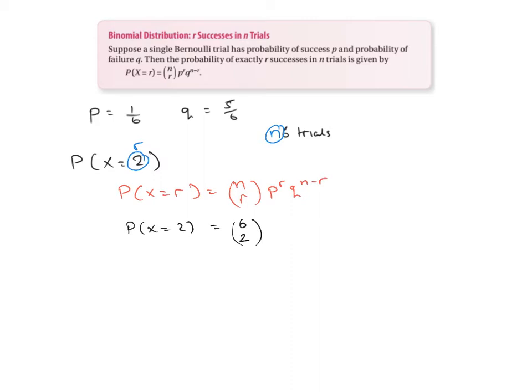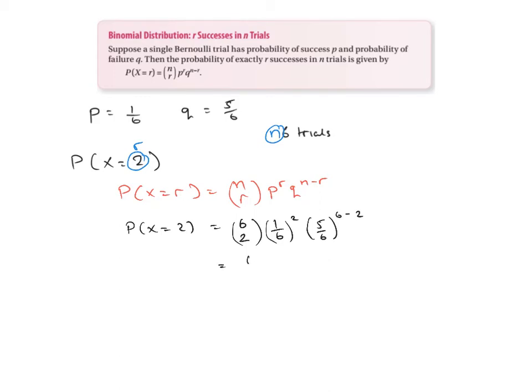The probability of success is 1/6. I want r is equal to 2. The q here is 5/6. And then I have n minus r, well, my n is equal to 6 minus my r, which is equal to 2.